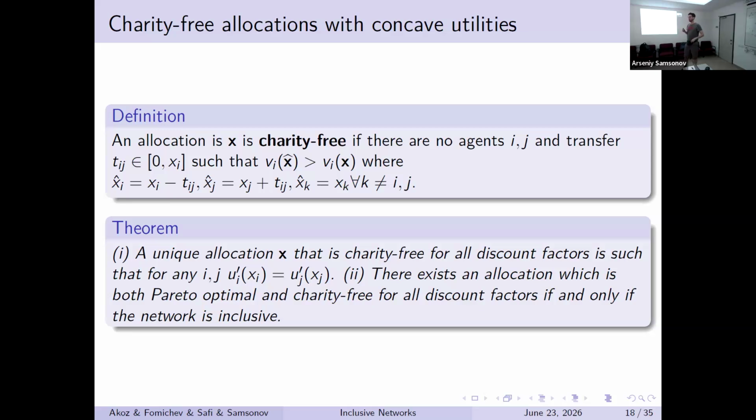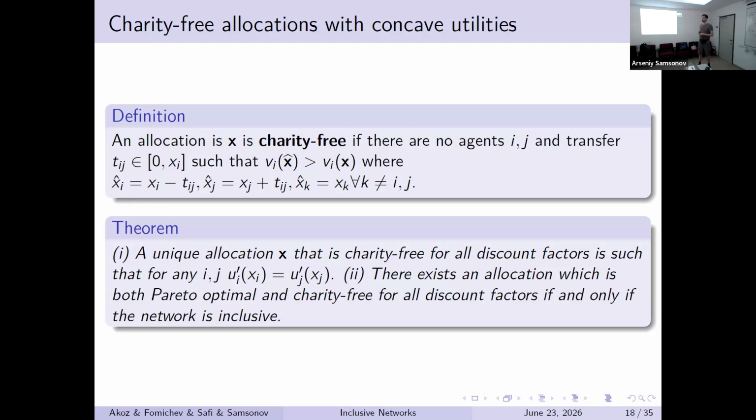So a necessary condition is that all the marginal benefits are the same if you want something charity-free for all discount factors. And there is an allocation which is charity-free and Pareto efficient for all discount factors if and only if the network is inclusive.